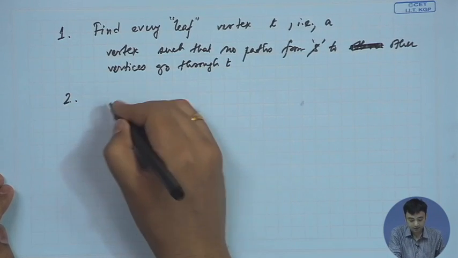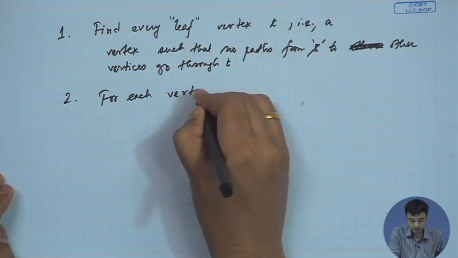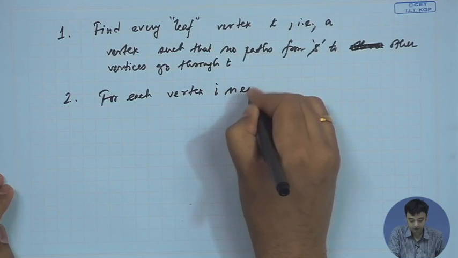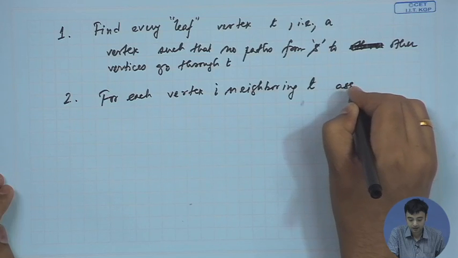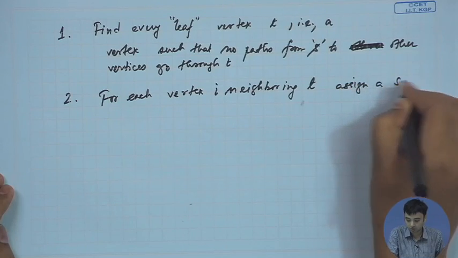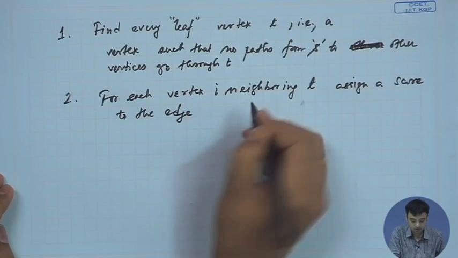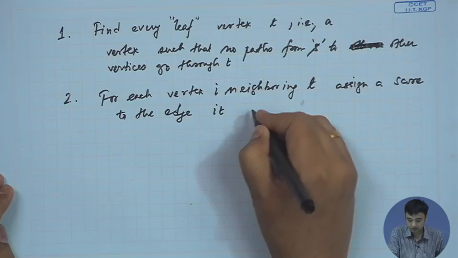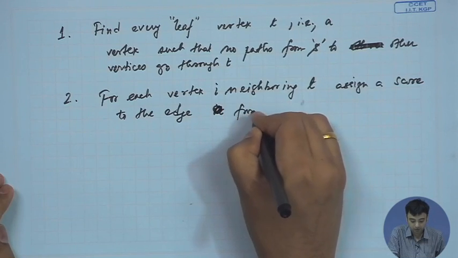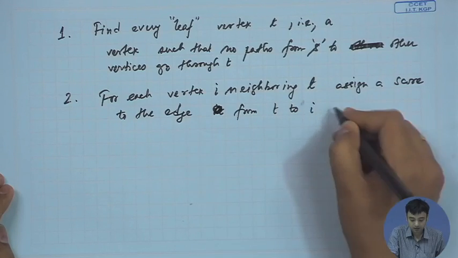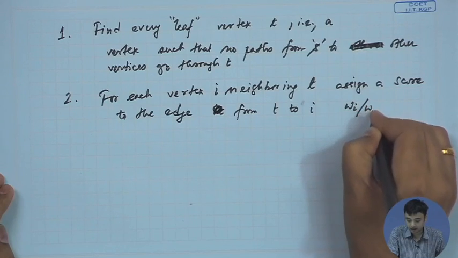The next step is, for each vertex I neighboring T, assign a score to the edge from T to I, Wi by Wt.